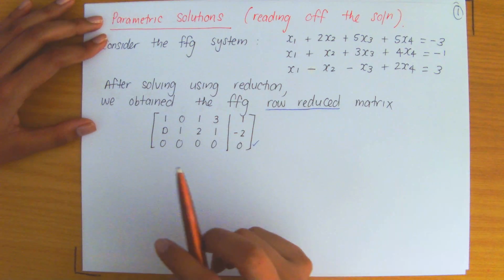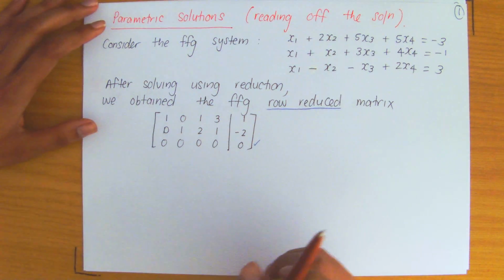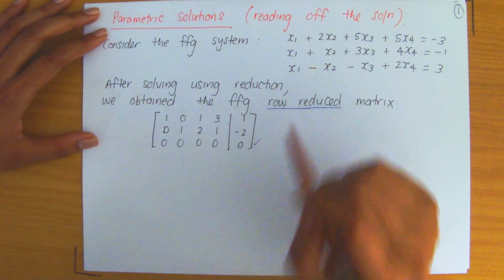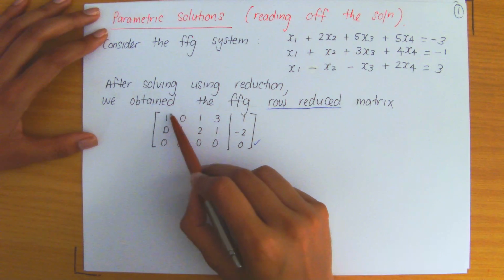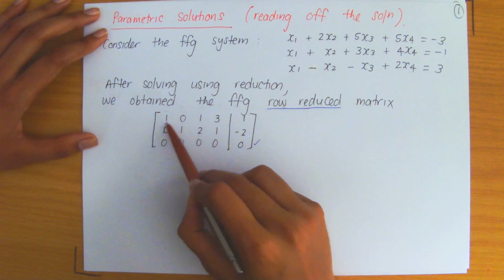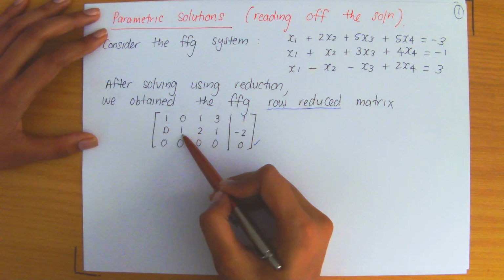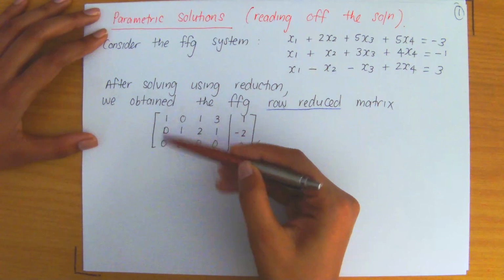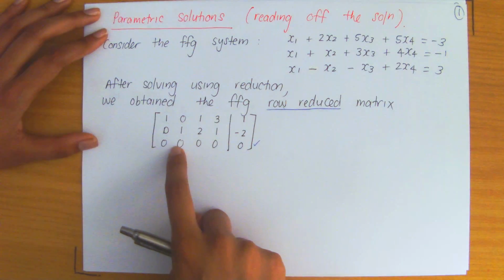The second condition says that the first non-zero entry in each row must be 1. Here's the first non-zero entry, it is 1. Here's the first non-zero entry in row 2, and it also is 1. In addition, all entries above and below the non-zero entry must be 0, and that is indeed true.